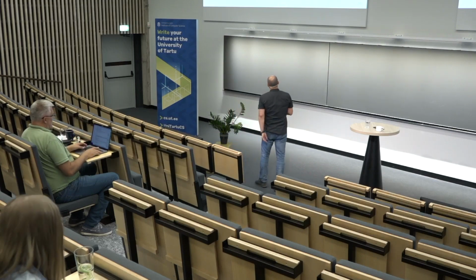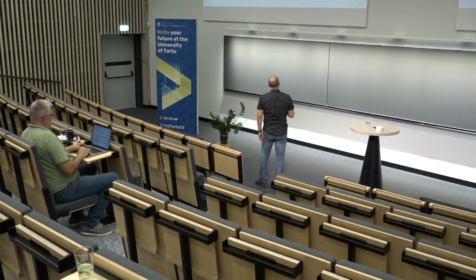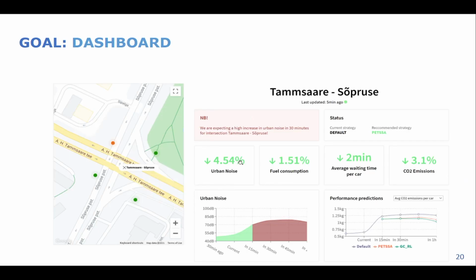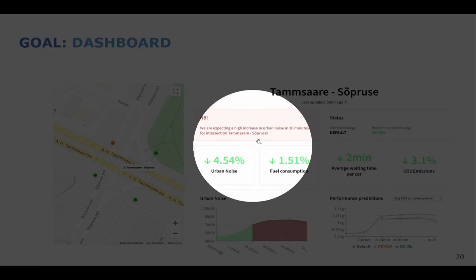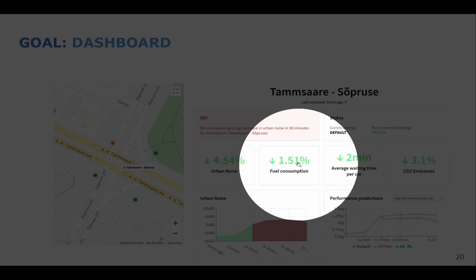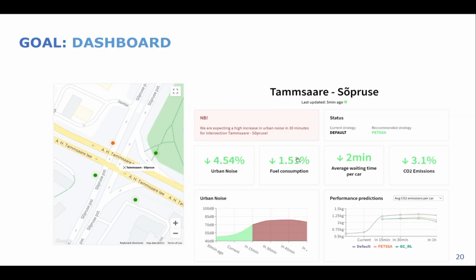So I would say, in this, I would like to see the impact. We are reducing the urban noise in our city by 4.54%. We're reducing by 1.51%. This is what we are showing, what is the impact of our actions.